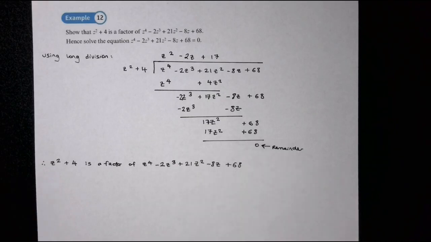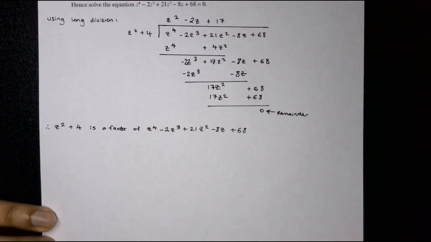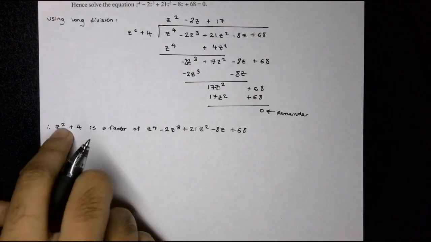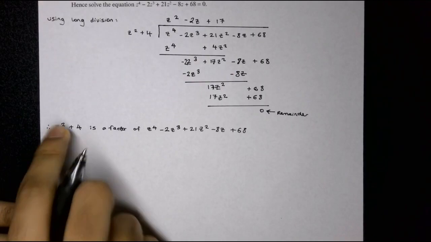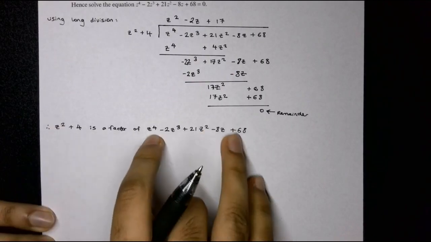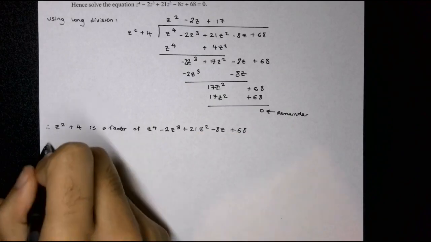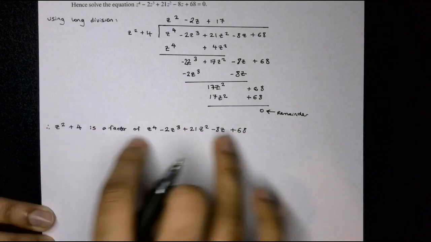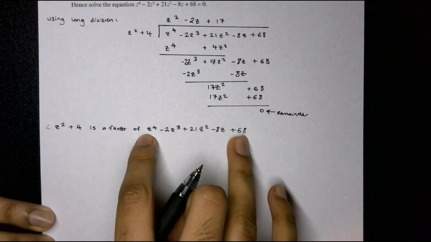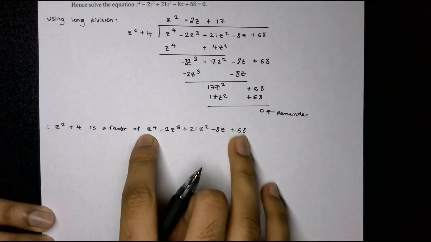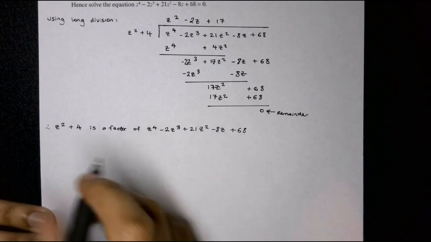And what we can now do is recognize here we've got a quadratic factor. Here we've got something to the power of 4. So therefore, we can factorize this polynomial as the product of two quadratic factors.